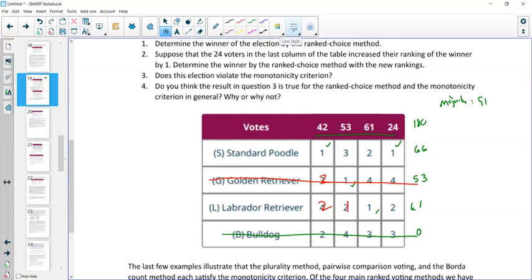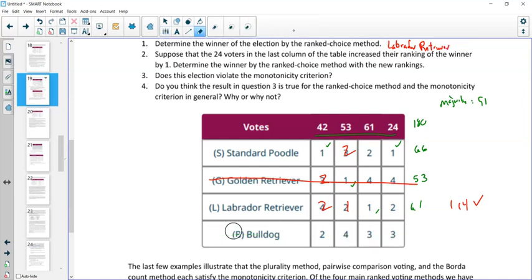This becomes 1, and this becomes 2. And that's it. So this becomes 114, which is enough. The ranked choice winner: Labrador Retriever.